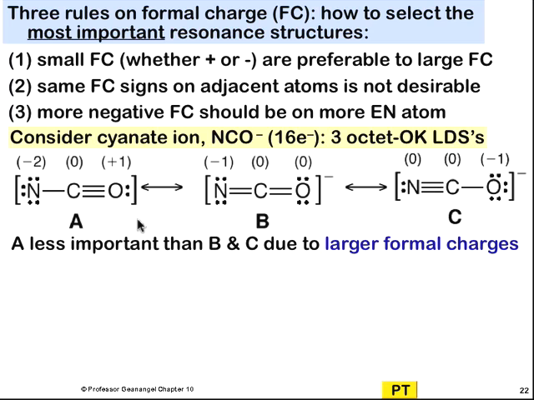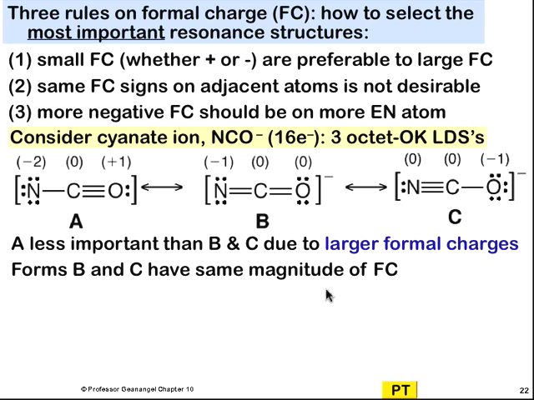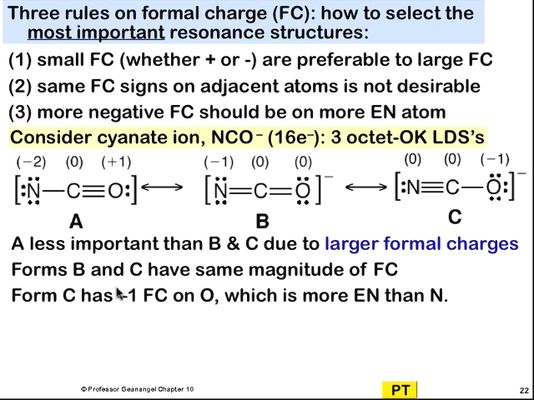So A is less important than B and C due to larger formal charges. B and C have the same magnitude of formal charges, so form C has a negative formal charge on oxygen, which is more electronegative than nitrogen.